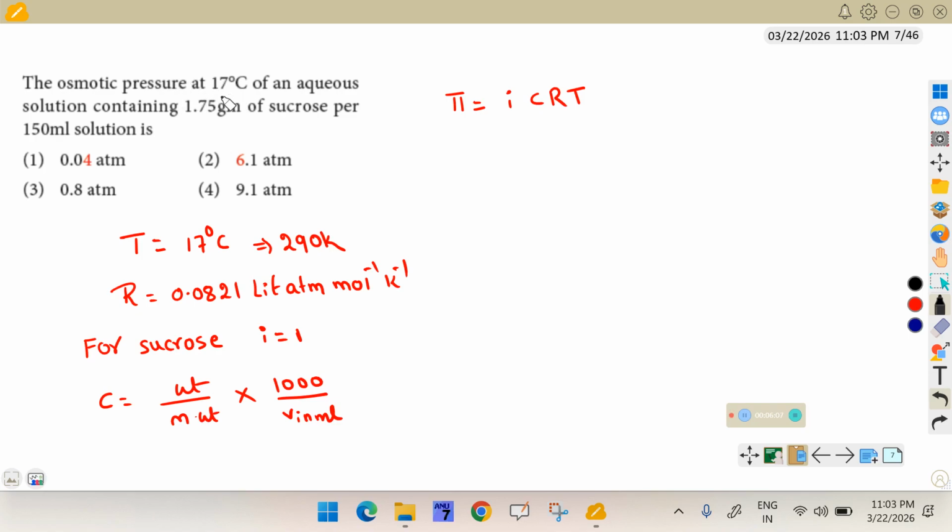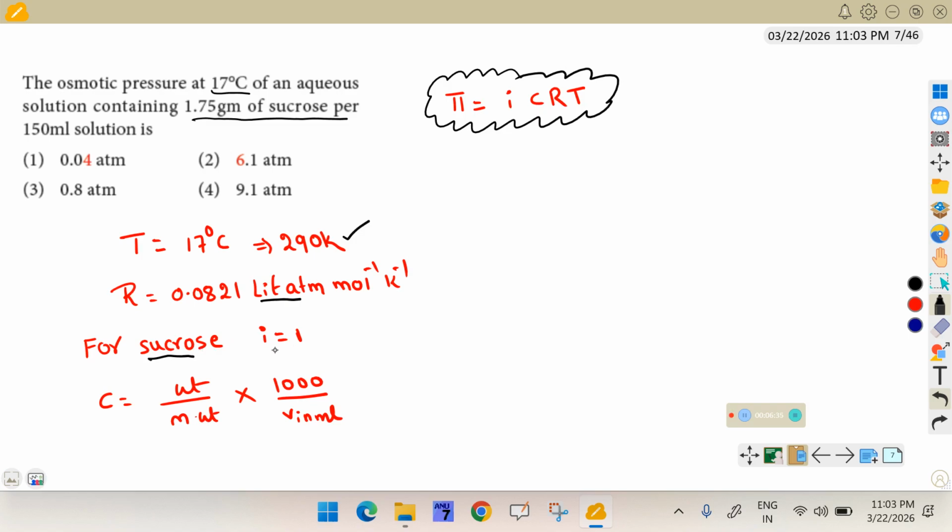The osmotic pressure at 17 degrees Celsius of an aqueous solution containing 1.75 grams of sucrose per 150 ml solution is? Osmotic pressure is calculated by using the formula pi is equal to iCRT. Given temperature 290 kelvins. R value in terms of liter atmosphere is 0.0821.